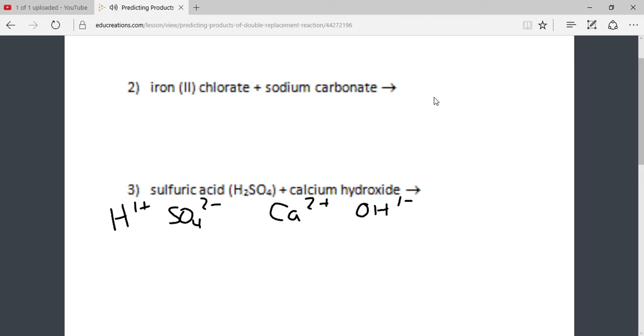Let us first write the symbols for the reactants. Now we will have the ions trade places. The hydrogen ion and calcium ions will replace each other.